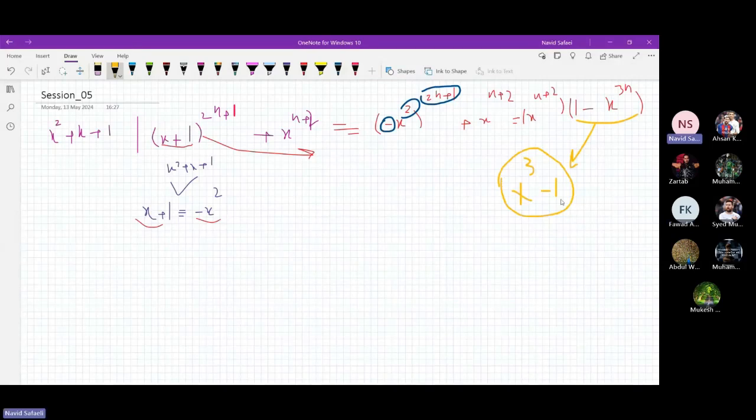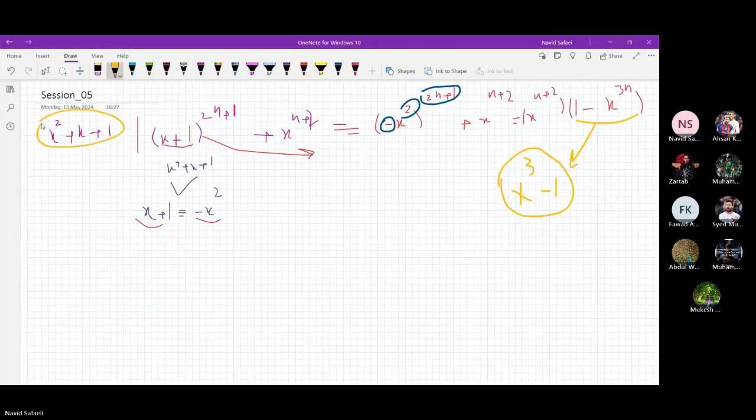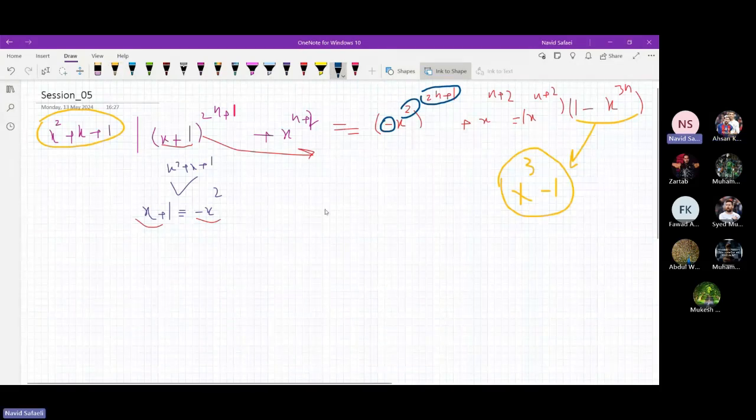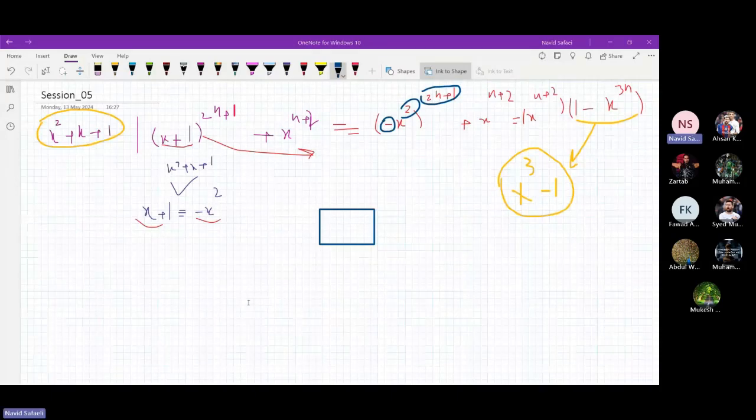And x cube minus 1 is divisible by this. So we are done. Correct? Yes, sir. Very good.